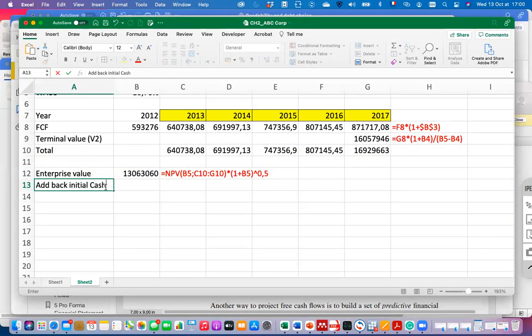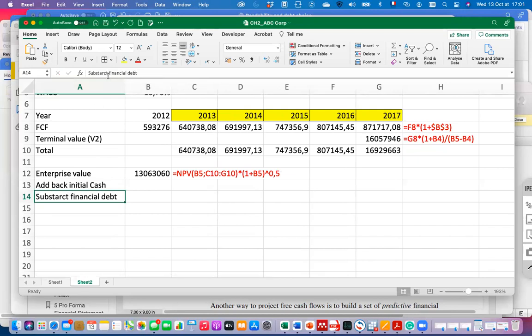Initial cash. We subtract financial debt. And then we get the value of the equity.